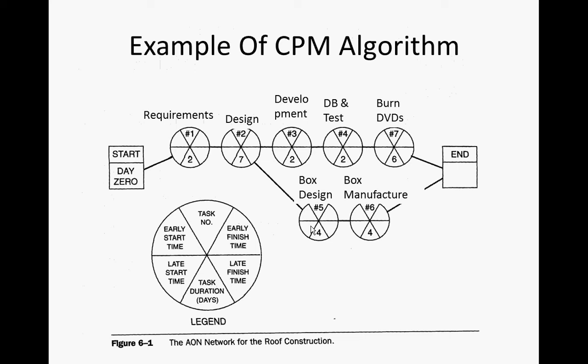Right? This is important. Okay, so we have this, and then we have this, and then we have two guys down here. So again, we're going to do early start, early finish, late start, late finish. This is duration. That's the task identity.